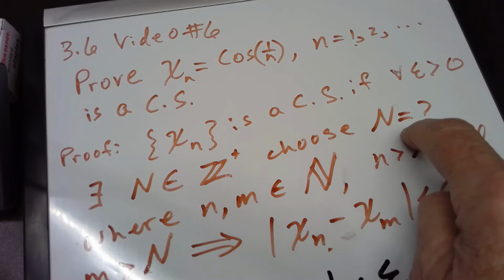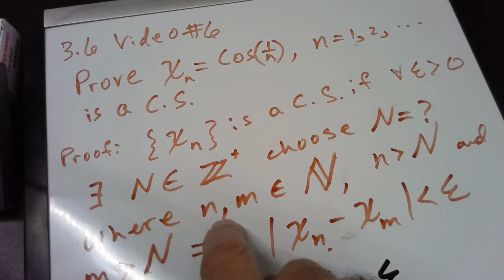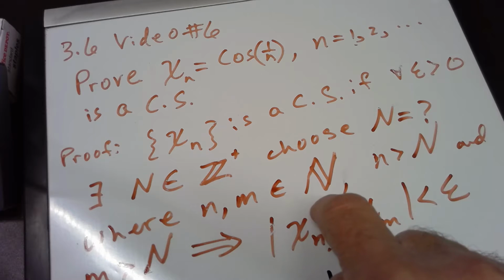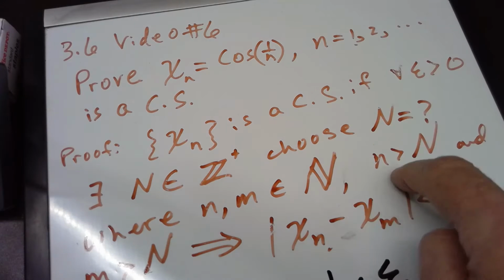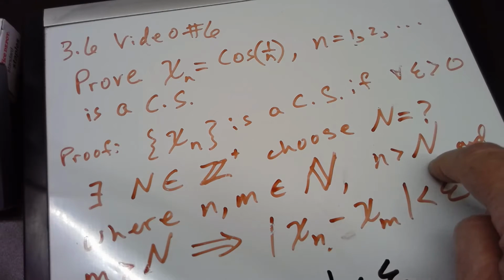So positive integers meaning 0, 1, 2, 3, and so on, where N is, we don't know what that is. So we're trying to figure out what N is, where n and m are elements of natural numbers or counting numbers, right, where n is greater than m.